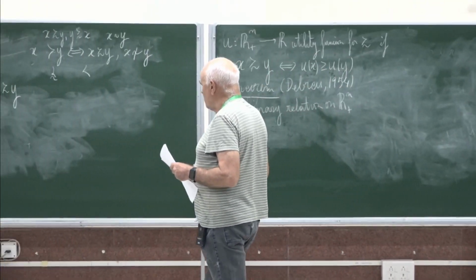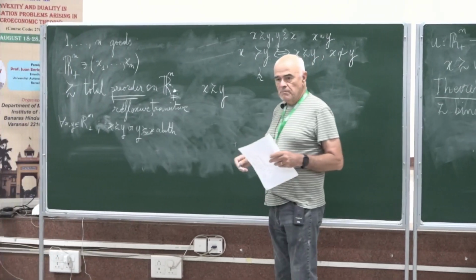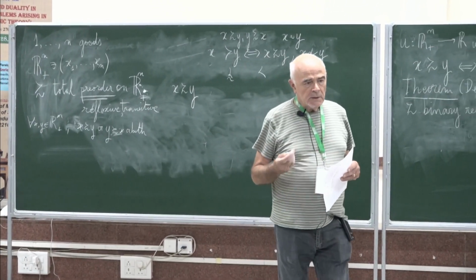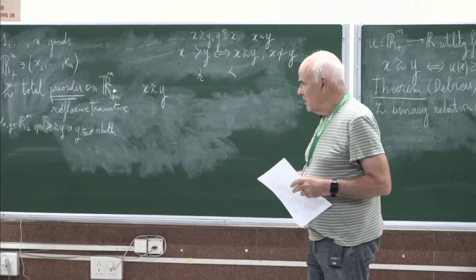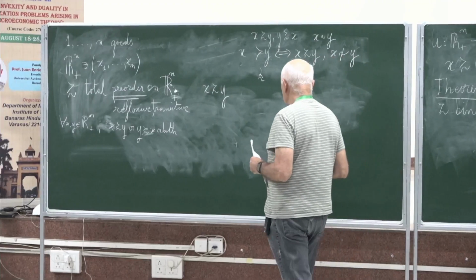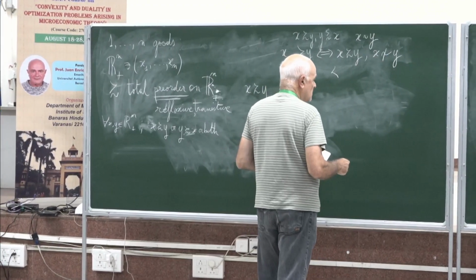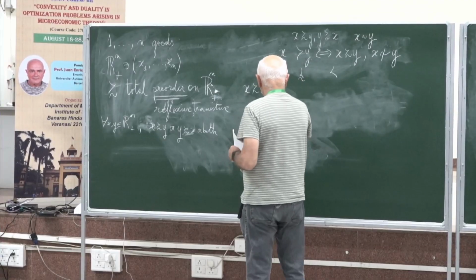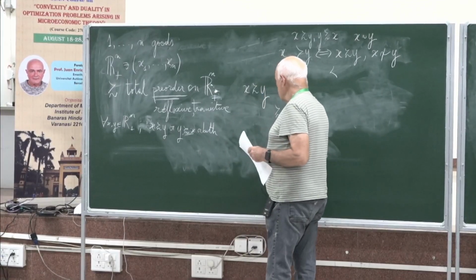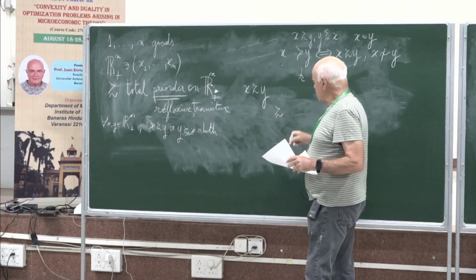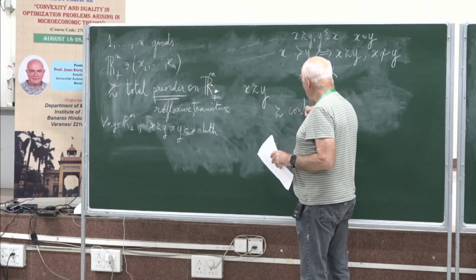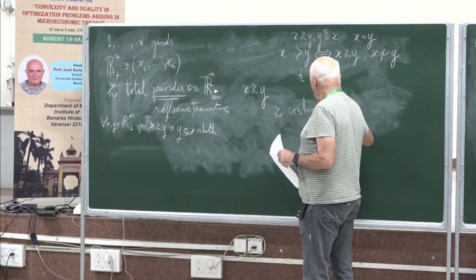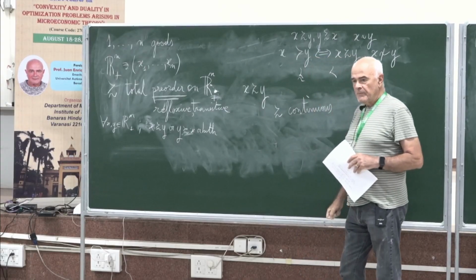So the crucial assumption in Debreu's result is that the preorder, or the binary relation, is continuous. What does it mean?